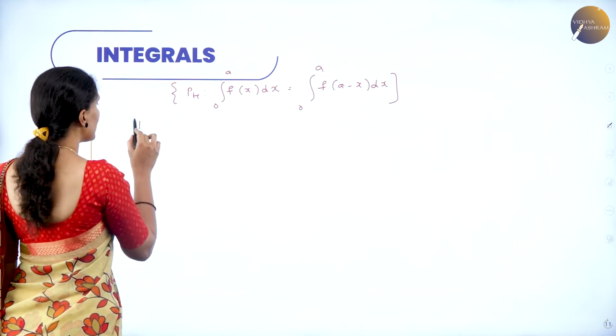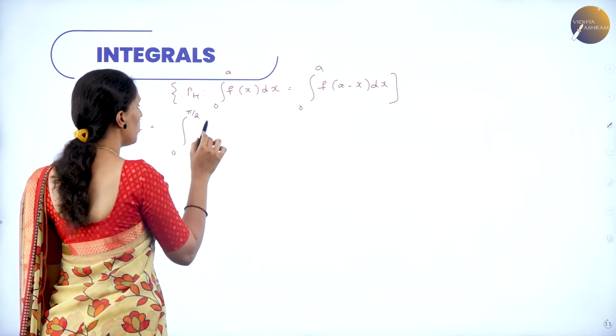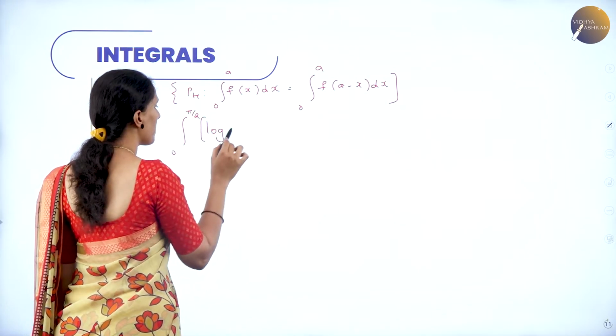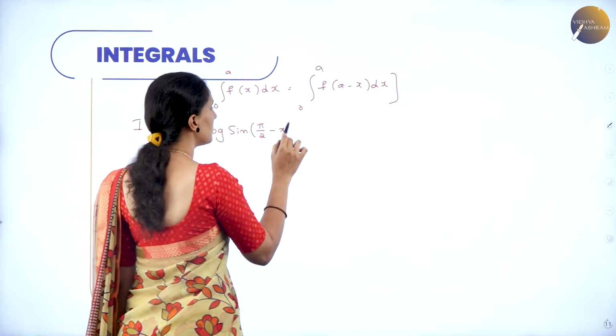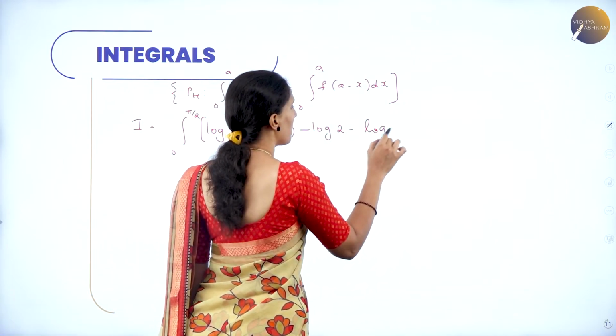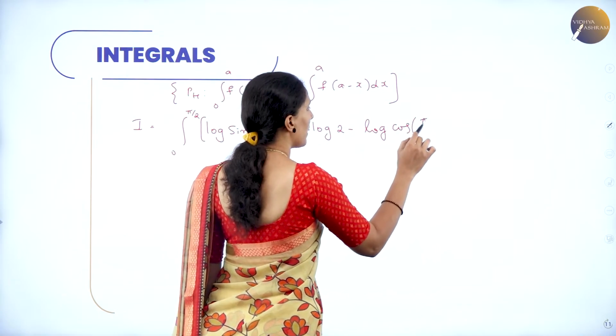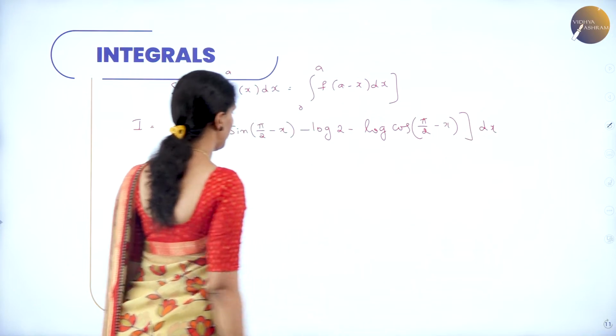Then I is equal to the integral from 0 to pi by 2 of log sin of pi by 2 minus x minus log 2 minus log cos of pi by 2 minus x with respect to x.